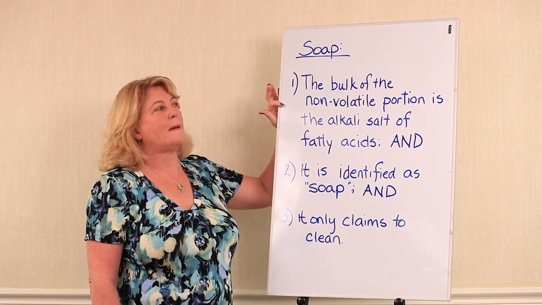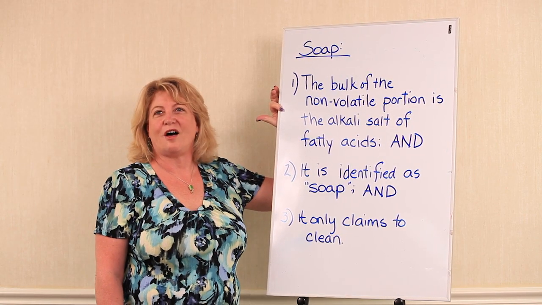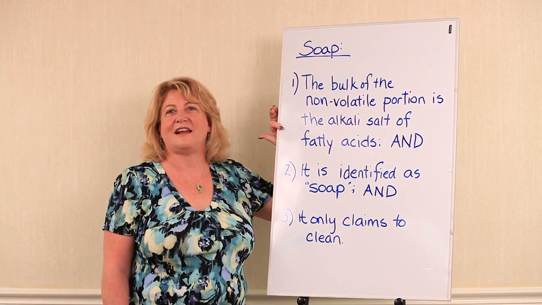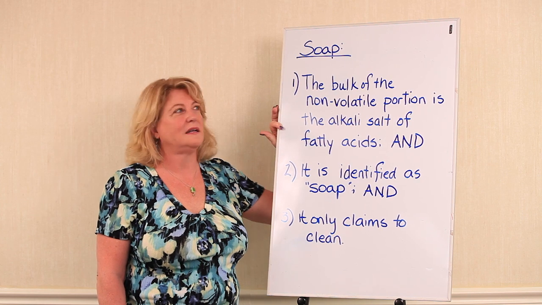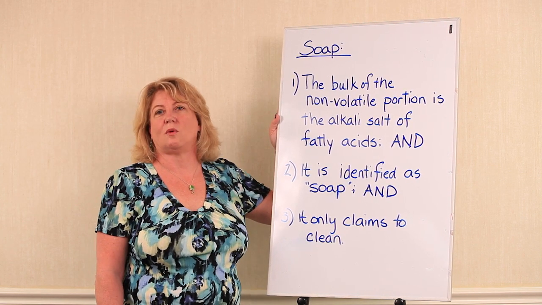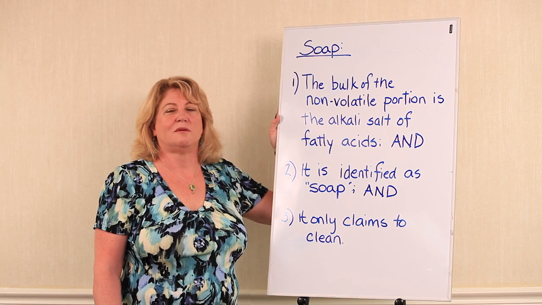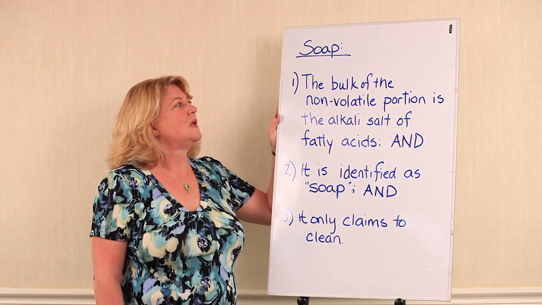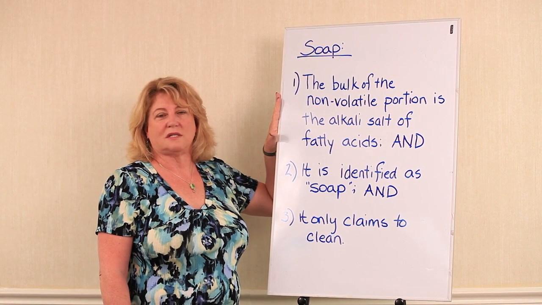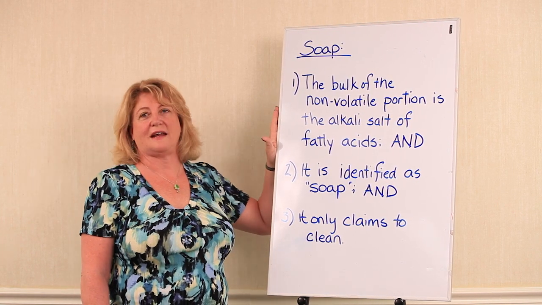First of all, the bulk of the non-volatile portion must be the alkali salt of fatty acids, which means that the soap has to be mostly saponified oil that you've made with lye and water and oil.